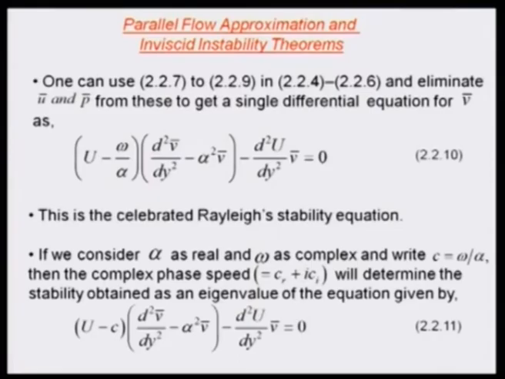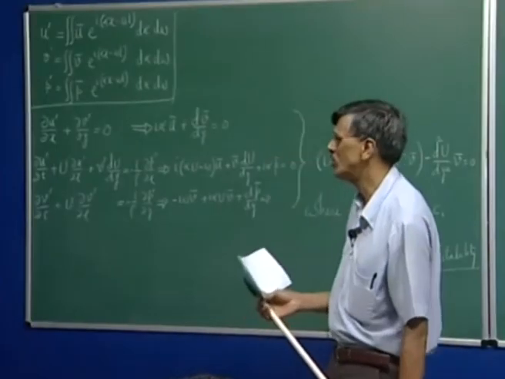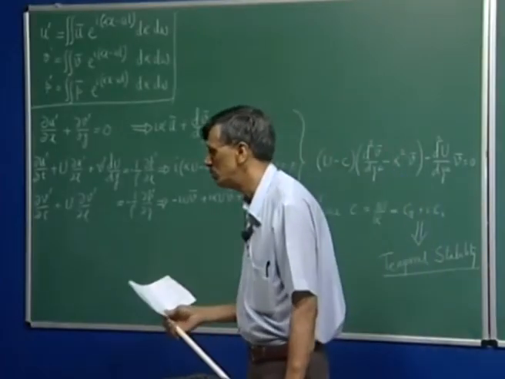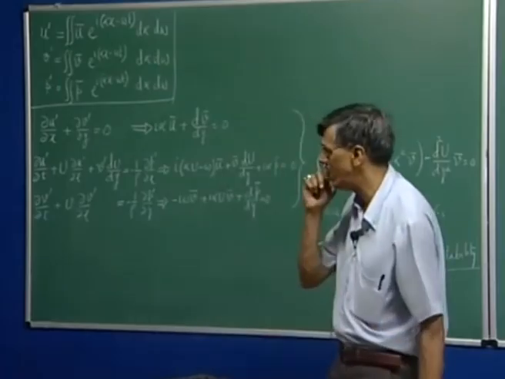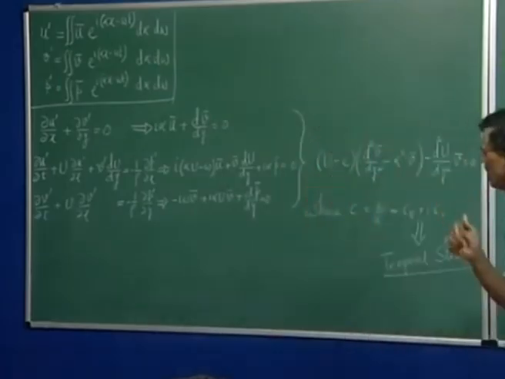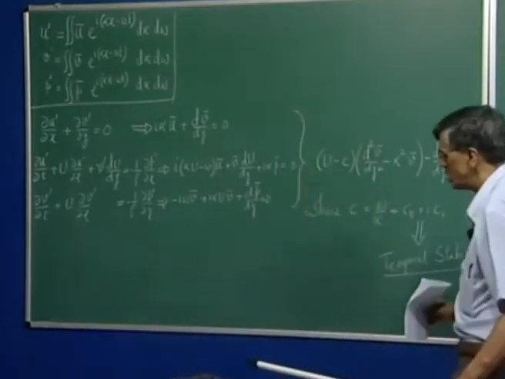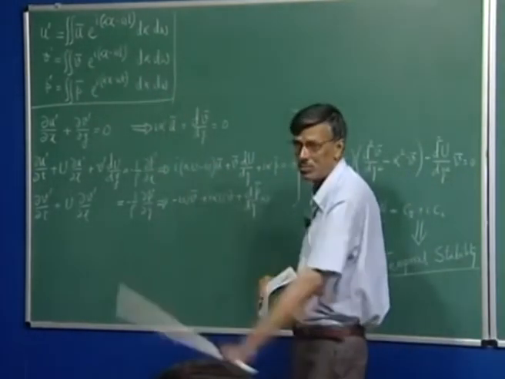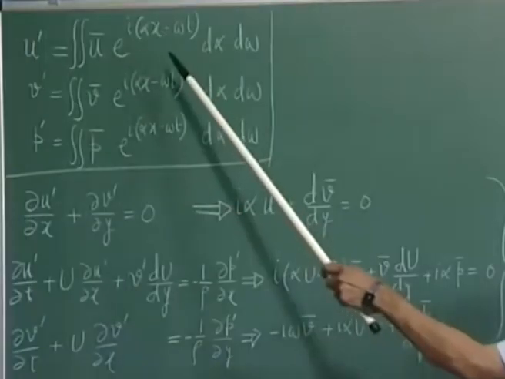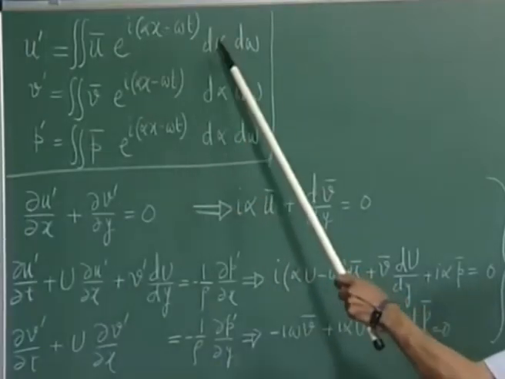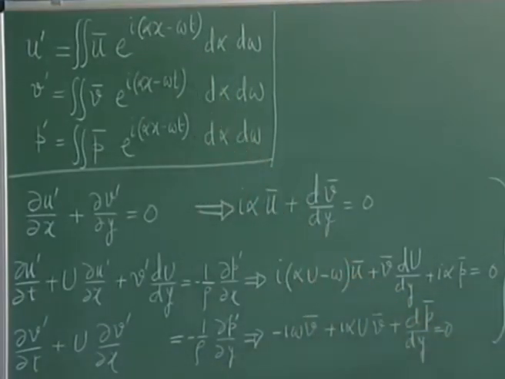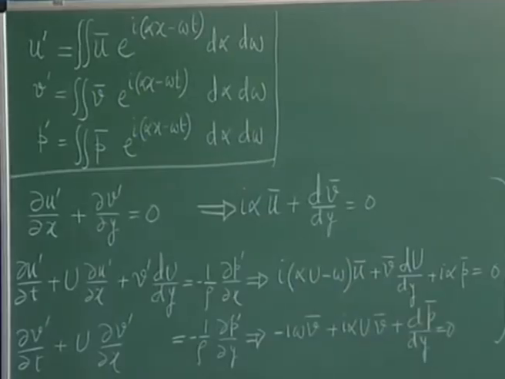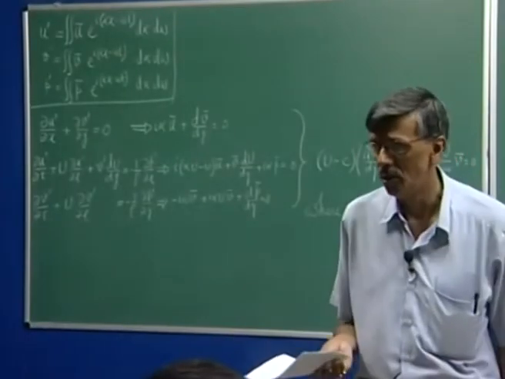Now, at this stage you have to make a conscious decision which way to go. Which way to go? You can see that in this representation, where we define the disturbance quantity in the spectral plane, we have the wave number alpha, we have the circular frequency omega, and what did we decide to do?